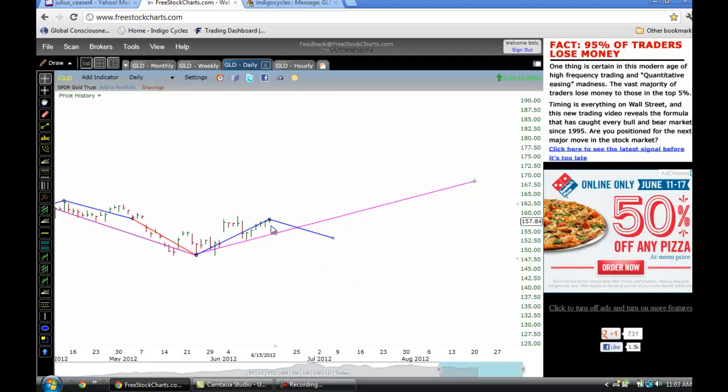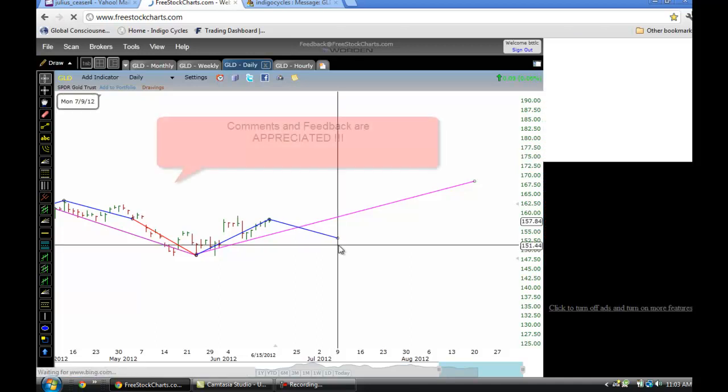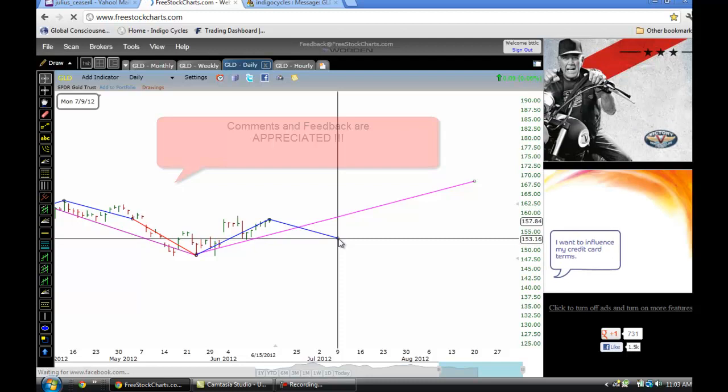Okay, because I did move this out 1 day, I'm going to have to extend this out 1 day as well. So move it to, should be the 9th of July. And hopefully I kept the price about the same. Oops, dropped it down. Because I was basing all the pricing at, there we go, 153.16.